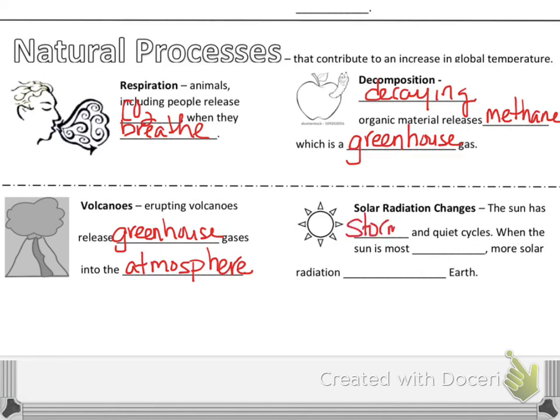The sun has stormy and quiet cycles, and what that means is that when it is most active, more solar radiation reaches the Earth. So that increases the amount of heat that's being trapped in the Earth because of the greenhouse effect and greenhouse gases.